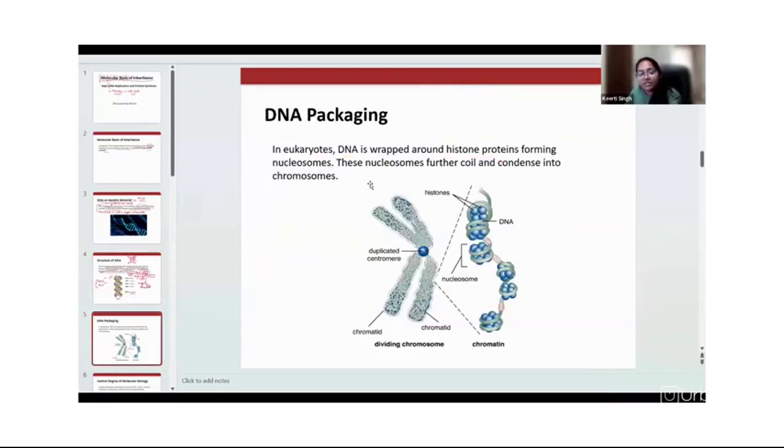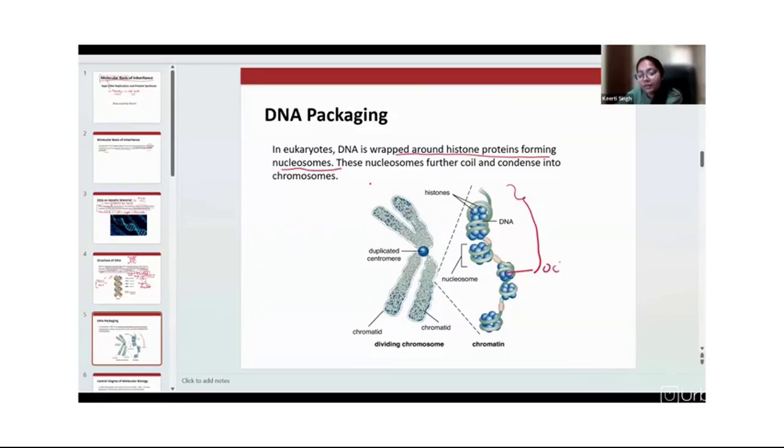In case of eukaryotes, this DNA is wrapped around the histone proteins, right? Which you might have read in class 11. In this chapter, we are going to study how the DNA is replicating. Okay, so you must have a basic idea about the structure of the DNA. See, these are the histone proteins.